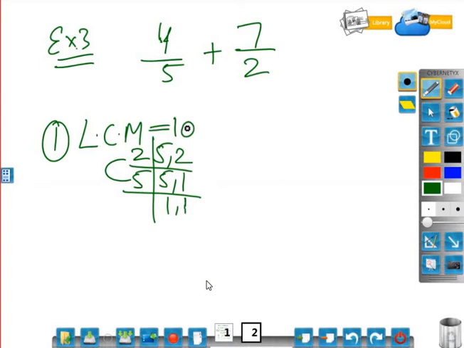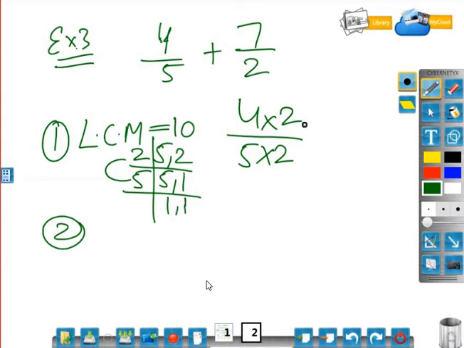First step is to find the LCM. Step 2, make the denominator 10. How can we make the denominator 10? That is only possible if we multiply 5 by 2. We cannot only multiply the denominator, so we multiply the numerator also by 2.